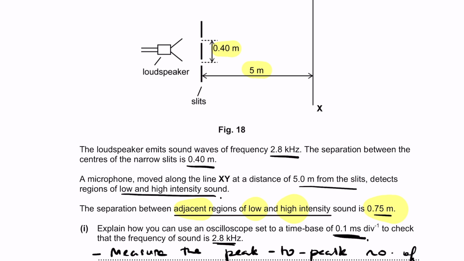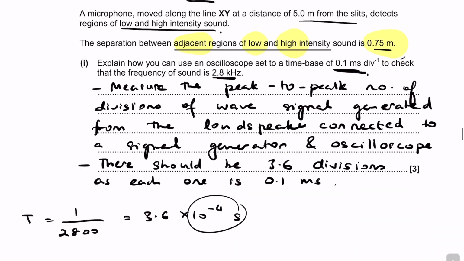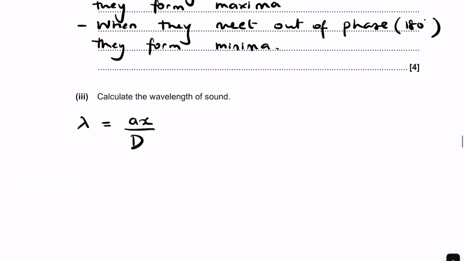Now, 0.75 is the difference between maxima and minima, or minima and maxima, which means that the distance between the two maxima is going to be double 0.75, because x stands for the distance between two adjacent maxima.